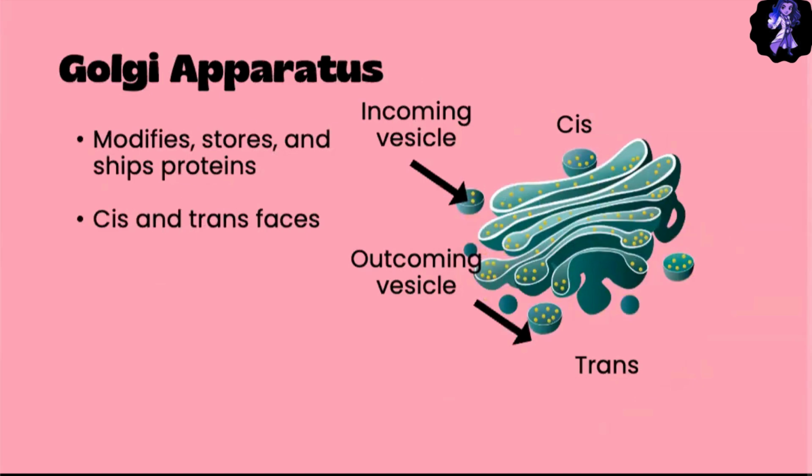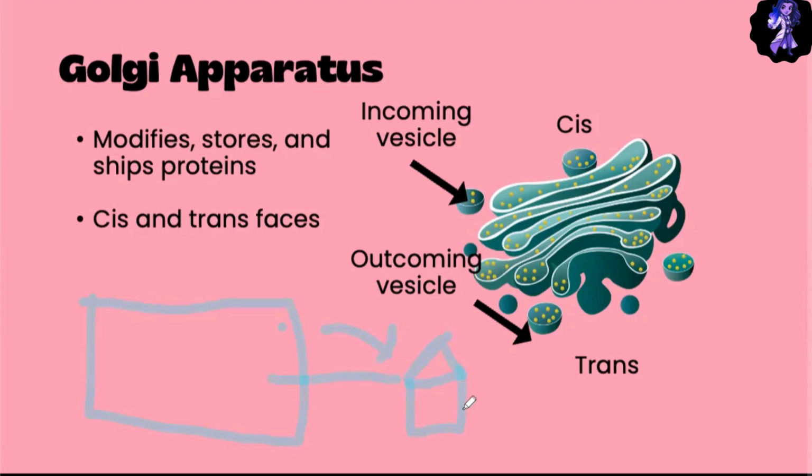I want you to think of the Golgi apparatus as a chained mailbox store. And you might be like, what is she talking about? If you take your mail, let's say you have a package and you take it to a post office center, the post office will take the package.